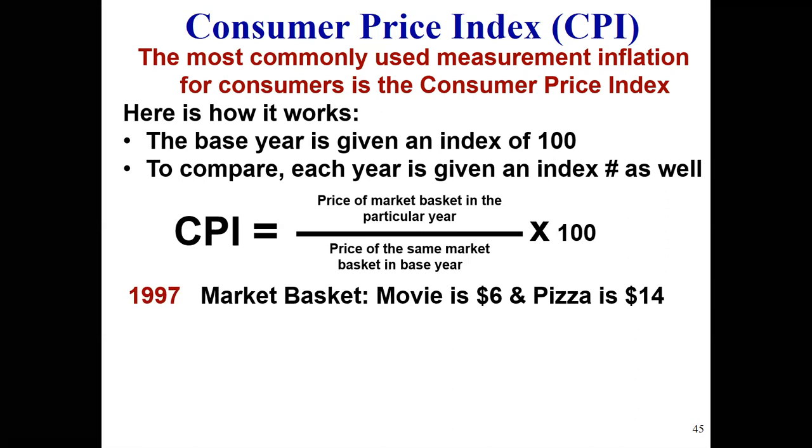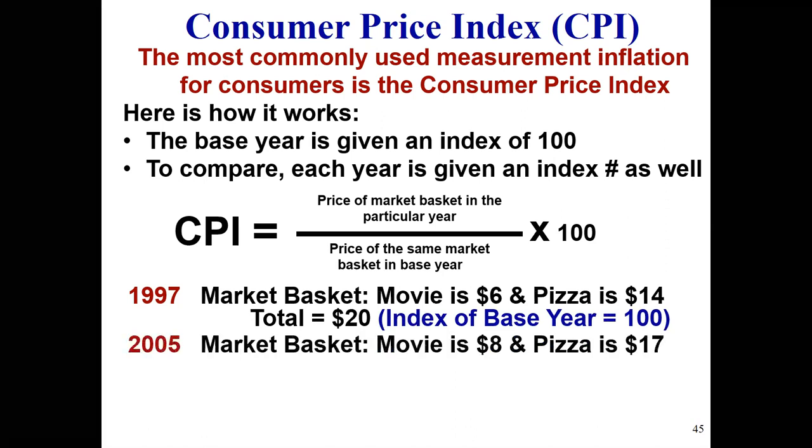So here, the market basket for 1997: movies are $6, pizza is $14. So the total would be 20. So if that's the base year, that's on the bottom. Here is 2005. So it'd be 25 over 20 times 100, and that's going to give you 125.